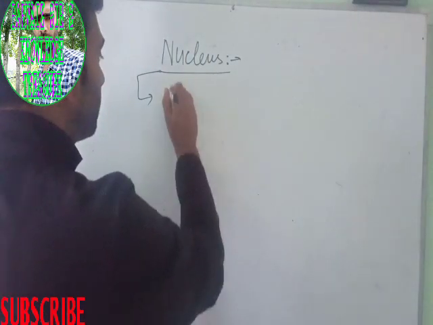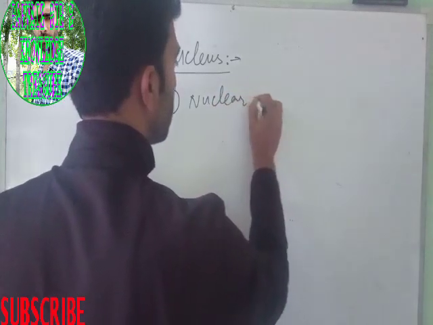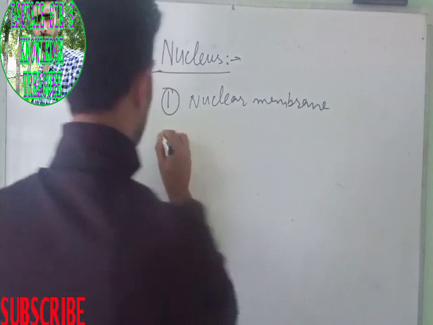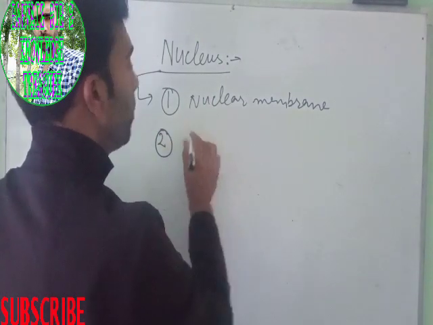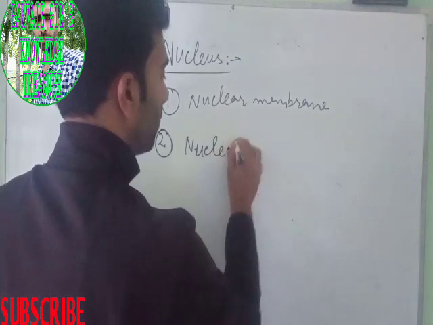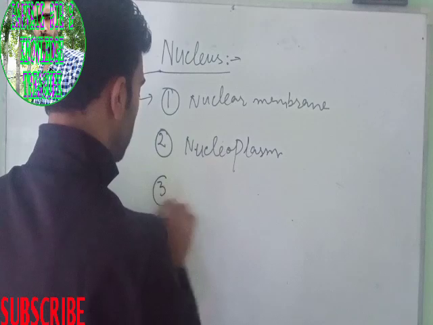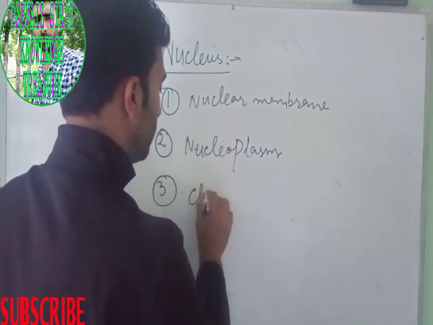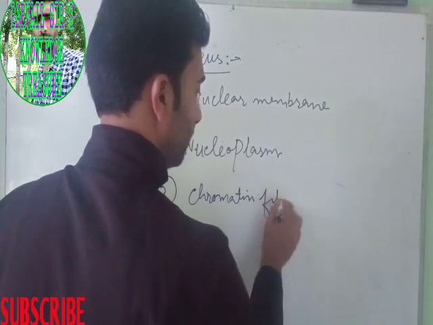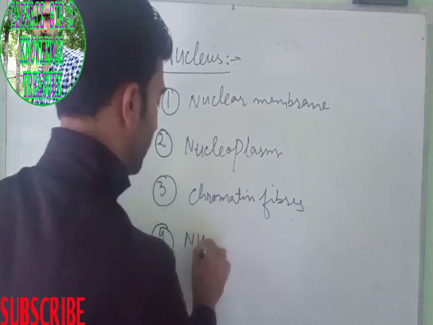Number 1, nuclear membrane. Number 2, nucleoplasm. Number 3, chromatin fibers. And number 4, nucleolus.